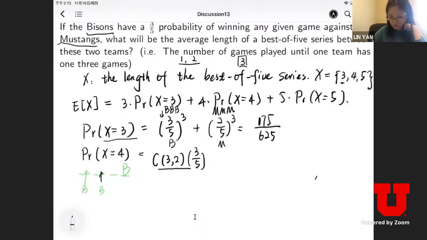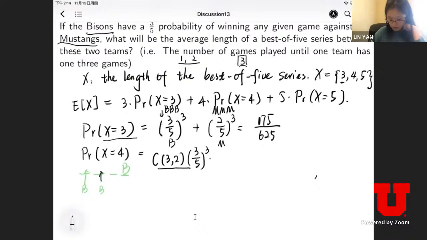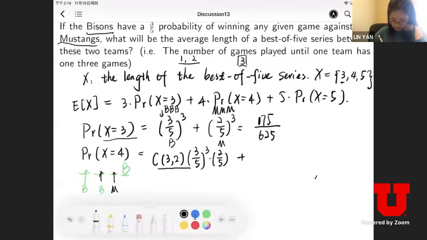and then to calculate the probability, we multiply the probability of Bison's win, and because this one is Mustangs win, we still need 2/5. And in this case it means Bison's win. Still, we need to calculate that Mustangs win the last step.